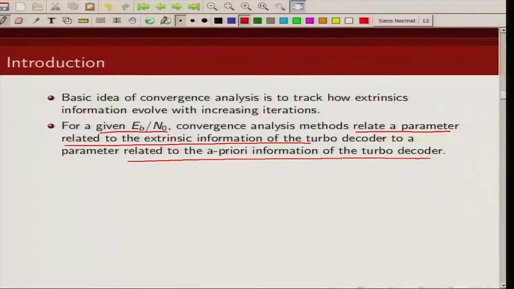As I said, in this soft input, soft output decoder, the only things changing are the a priori information and the extrinsic information. So, in this convergence analysis, we are going to track a parameter related to the extrinsic information, and see how that parameter changes when a parameter at the input side, which is the a priori value, is also changed.